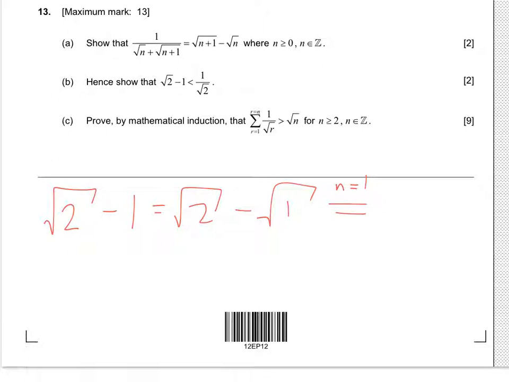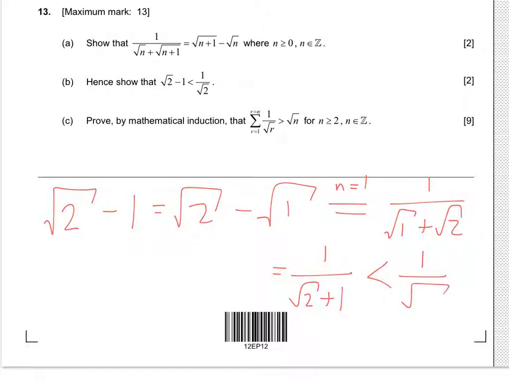So that means it's equal to 1 over root 1 plus root 2, or 1 over root 2 plus 1. Now root 2 plus 1 is bigger than root 2, so 1 over root 2 plus 1 is smaller than 1 over root 2. The bigger the denominator, the smaller the reciprocal. So that's that done. QED.